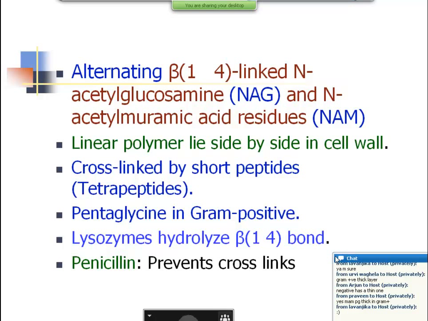In gram negative, it is between the outer and the inner membrane and it is thinner than in the gram positive species. Gram negative will have an outer membrane, then the thin peptidoglycan layer, then the inner membrane. Outer membrane, then peptidoglycan, and inner membrane.